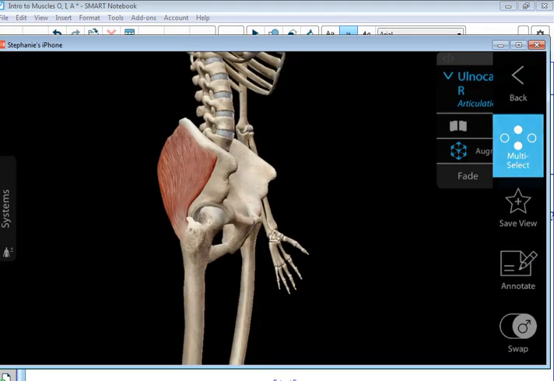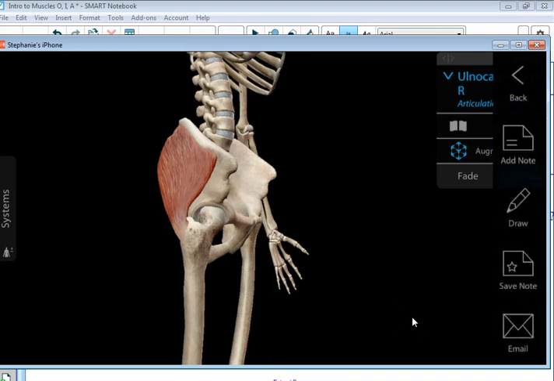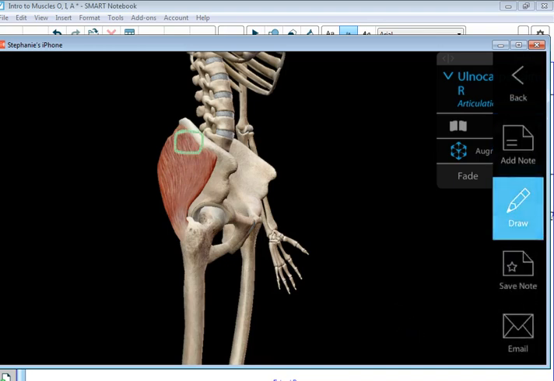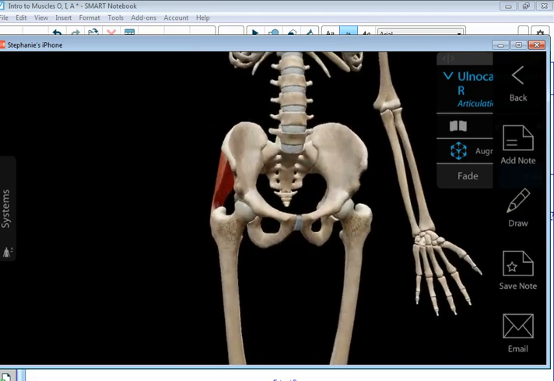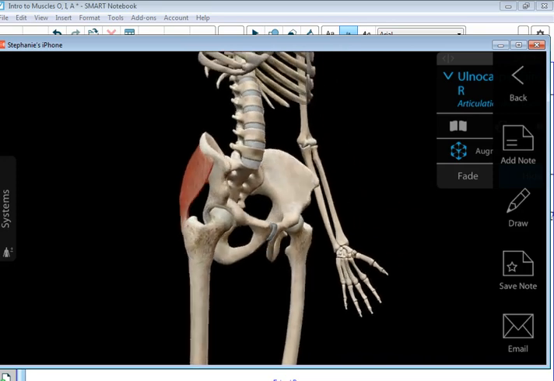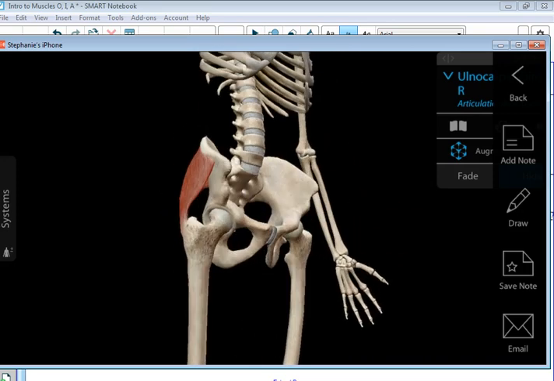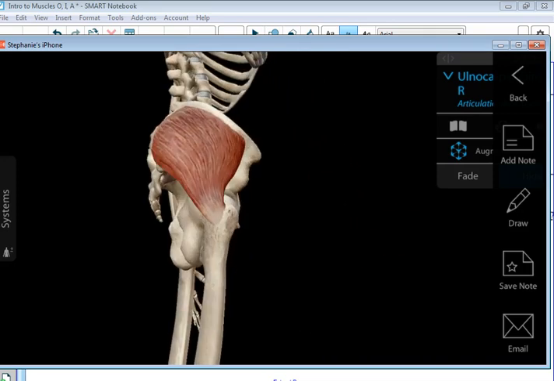If we were to cause the pulling effect that we know, I want to draw on this. Here's the O, here's the I. And if I draw an I to O, how is that going to move the leg? You have to understand what movements we're capable of at our ball and socket hip joint. So move the greater trochanter closer to the iliac crest.